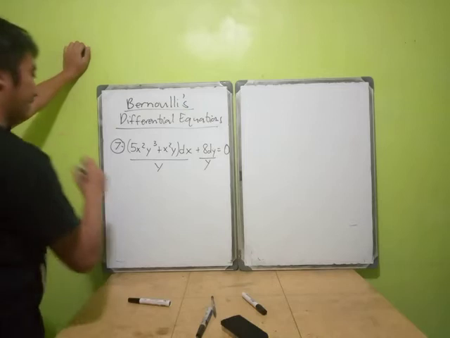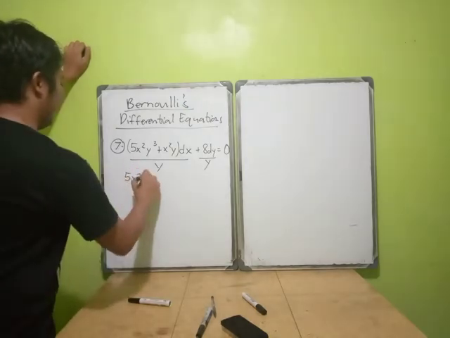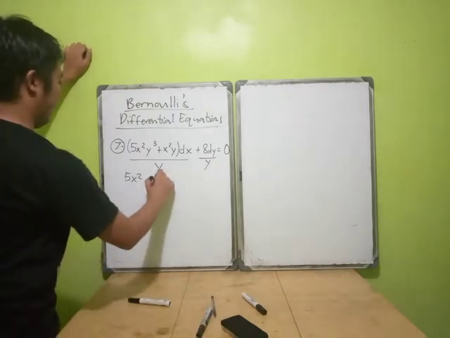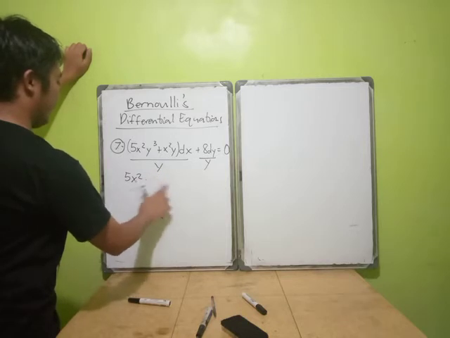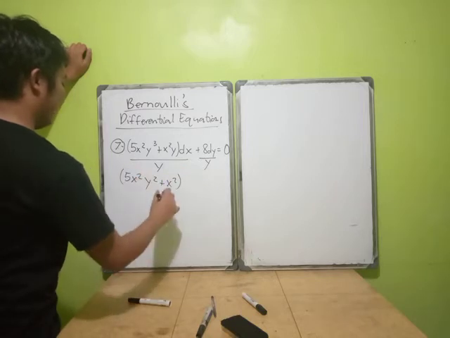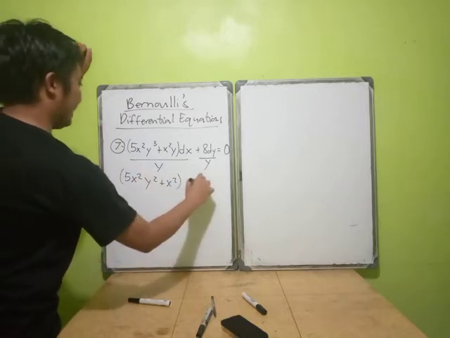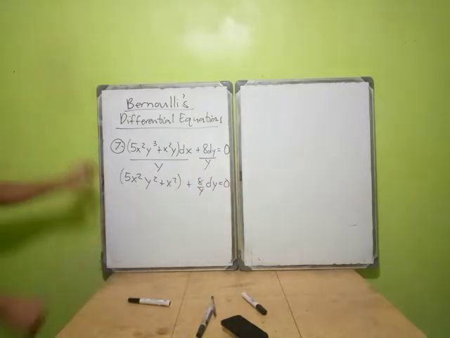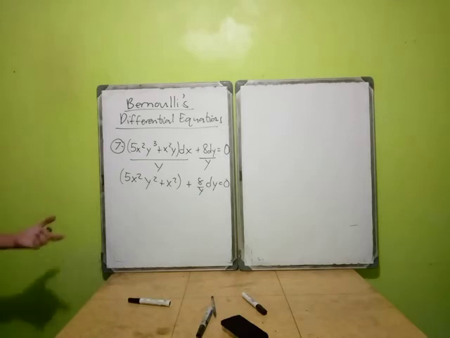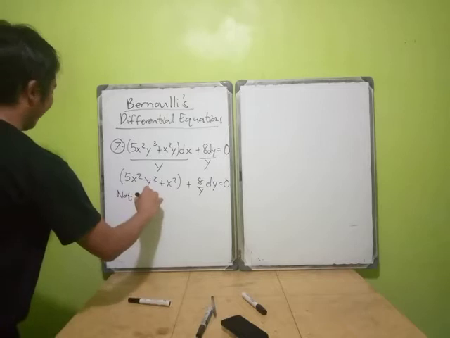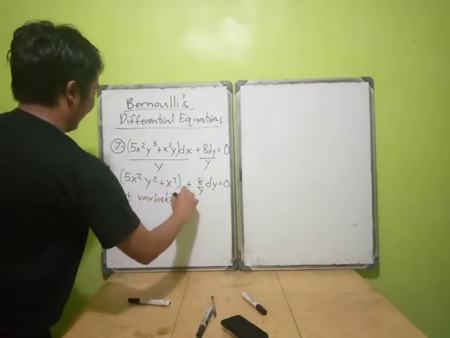So, magiging 5x squared y squared plus x squared plus 8 over y dy is equal to 0. Hindi siya variable separable. So, therefore, it is not a variable separable. Okay.